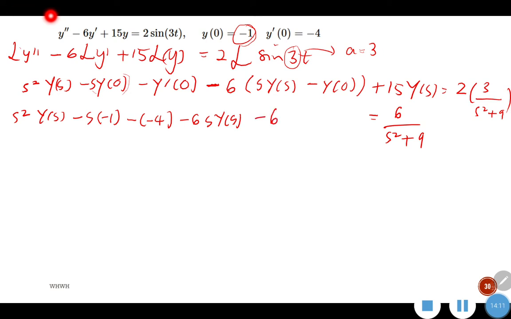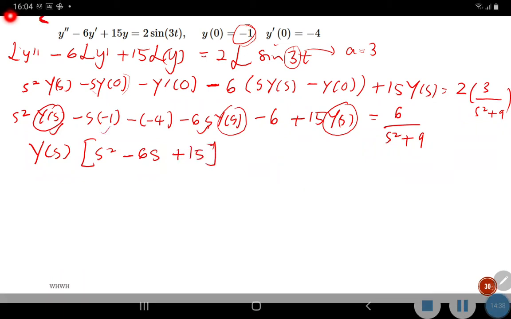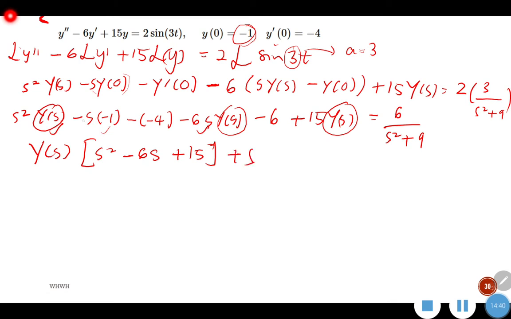Alright, then from here we factor out Y(s), so we have s square, and then plus 15 Y(s). We have s square, and then here minus 6s, factor out 6 Y(s), and then here Y(s) plus 15, and then we have plus s, negative s multiplied by negative 1, so you have plus s, and 4 minus 6, you're going to have minus 2, equals to 6 over s square plus 9.